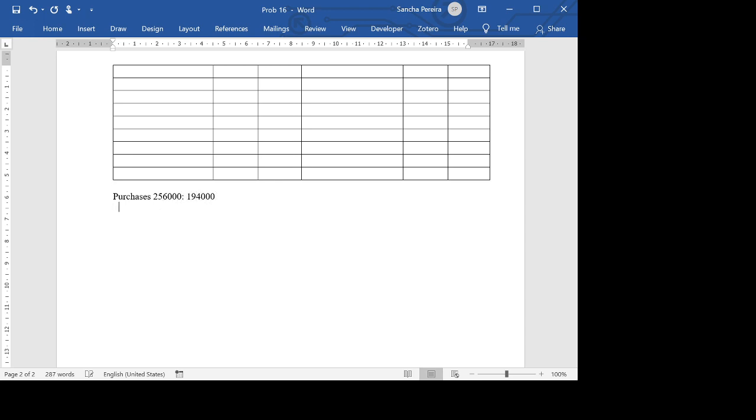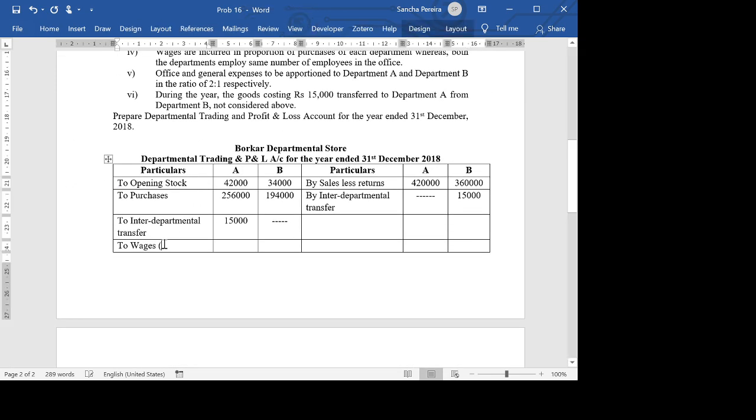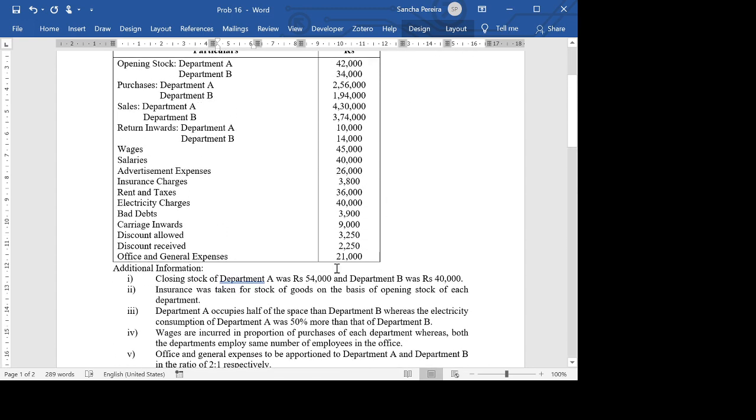So we will get 2 ones are 2, 2 twos are 4, 2 eights are 16, and this side we will have 2 nines are 18, 2 sevens are 14. I don't think this can be divided further, so it will be 128 is to 97. So wages are 45,000.